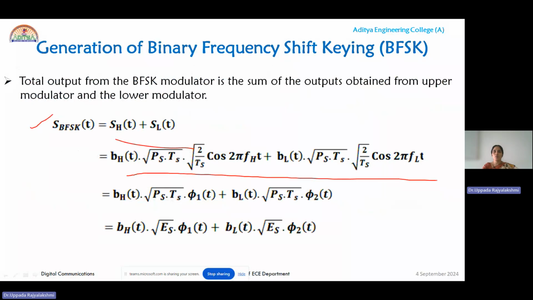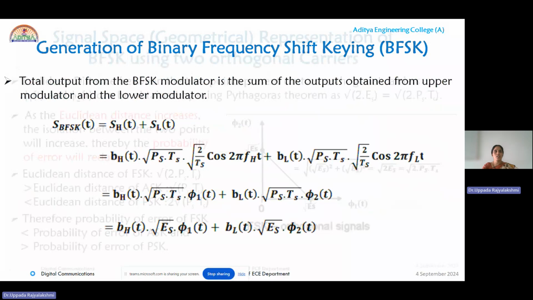We have just added the two expressions, and we know that this whole thing is phi1(t), and this whole factor we have written as phi2(t). Here you can see that this is the symbol energy, which you can write as E_S. Therefore, the overall FSK signal is B_H(t) into root E_S into phi1(t) plus B_L(t) into root E_S into phi2(t).